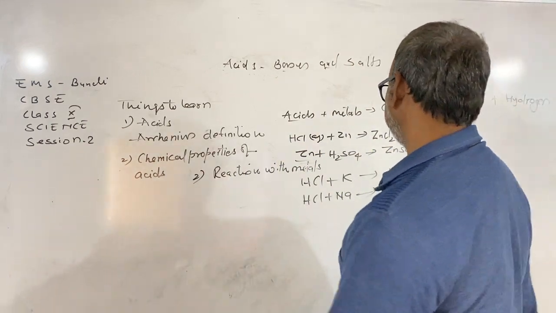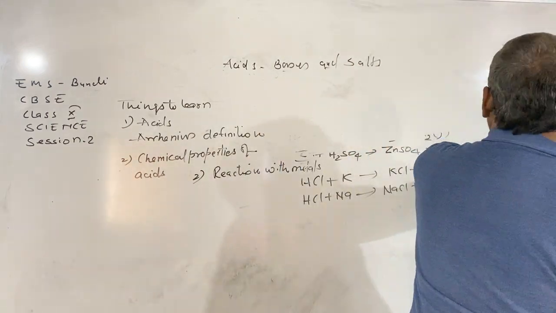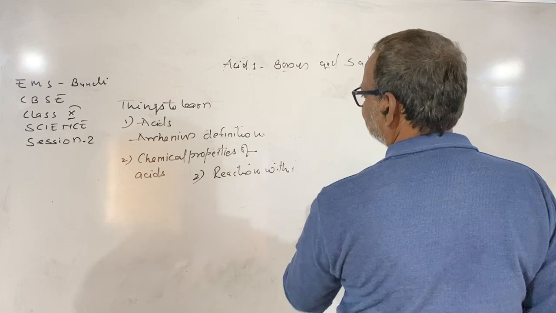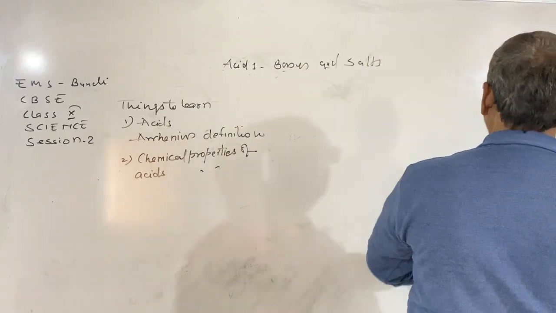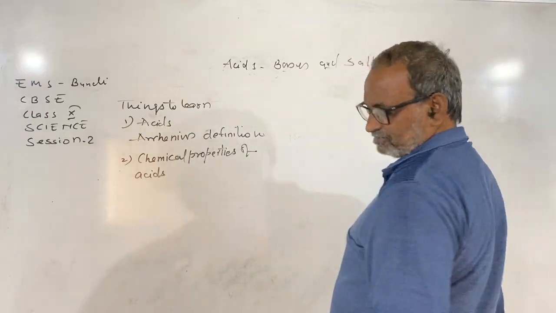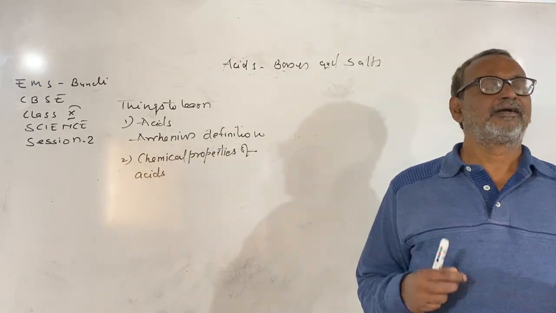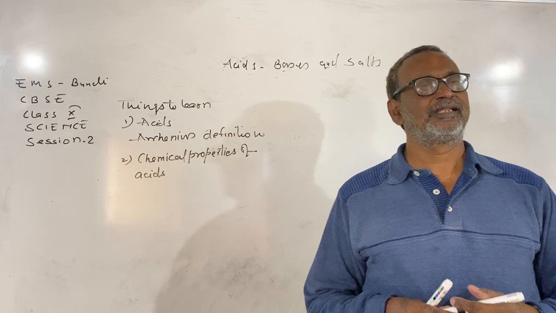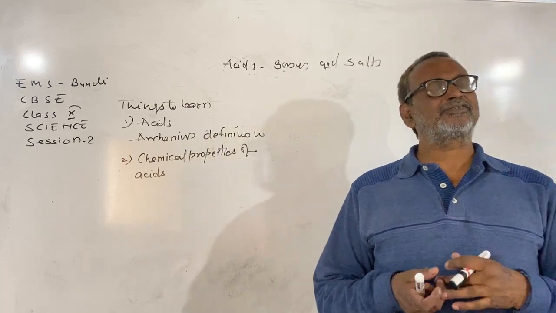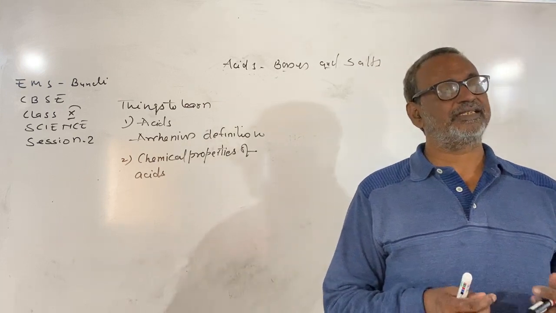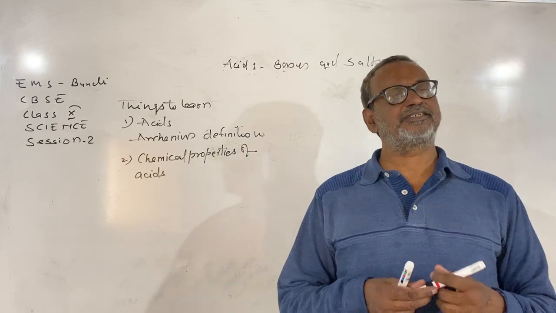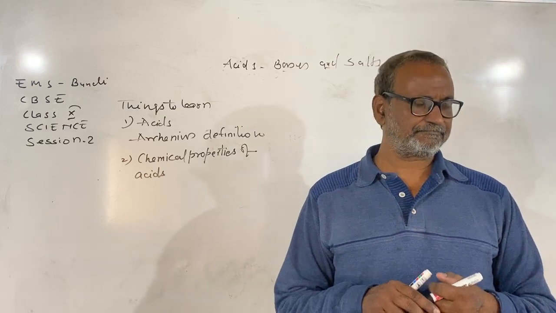One more thing. Nitric acid is also a very important strong acid, but it does not liberate hydrogen gas with metals, even those metals which are above hydrogen in the reactivity series.